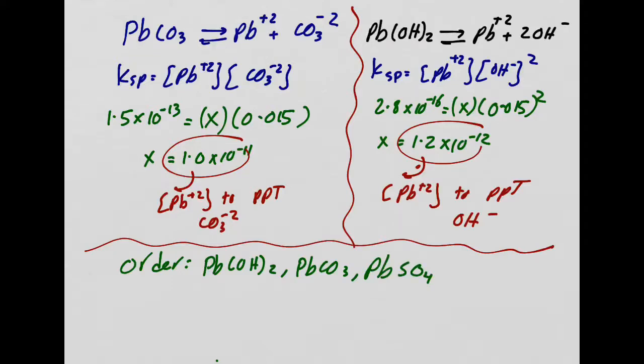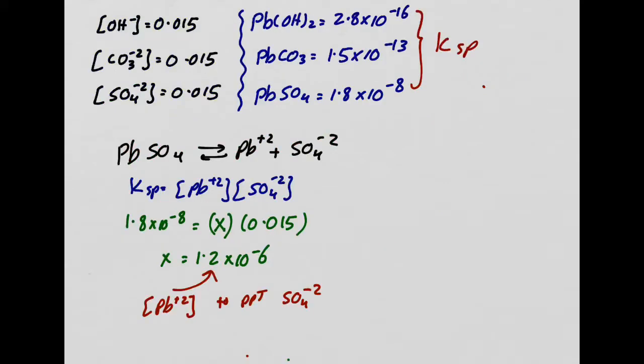Now, why is that? Because I need the least amount, right? You have to look at these values. Again, as you make the order, make the smaller guy to be the first or the last, right? Don't make it to be the middle. So here is my lead 2 sulfate. That's my largest number. That's the most Pb I need to precipitate it out.